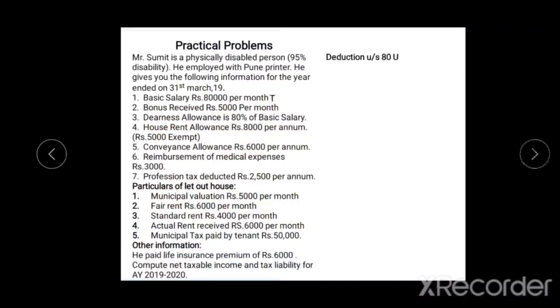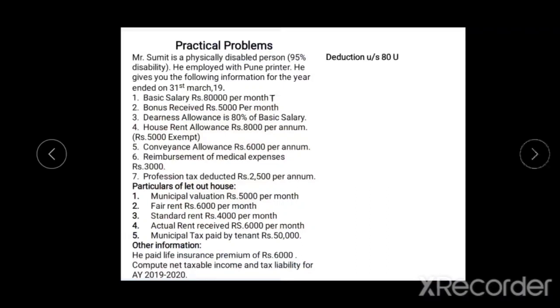Let's move further. The second transaction is that Mr. Sumit receives a bonus of rupees 5,000 per month. Again you know very well, bonus received is always taxable. Once again, one important instruction is that bonus due and bonus declared are exempt.